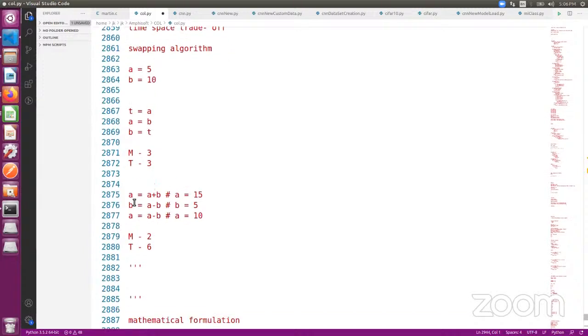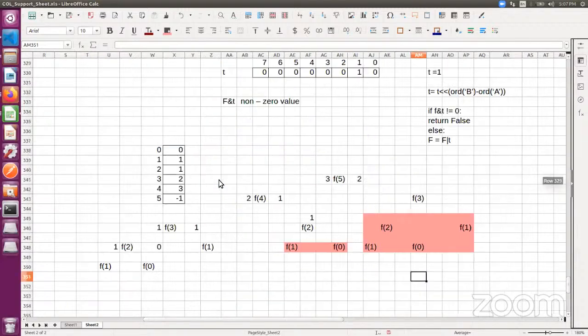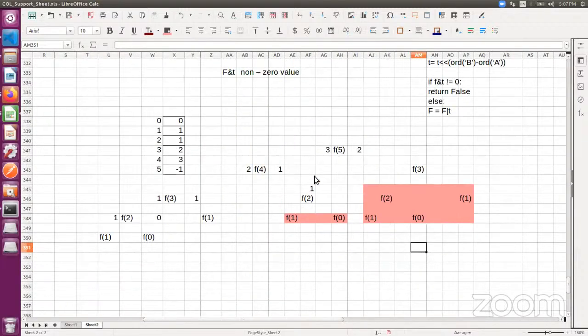And then here, swapping two variables without using a temporary variable. We saw the amount of memory and time taken in both these algorithms. This was an example of time space trade-off. We also saw the Fibonacci example, where we were able to reduce so many calculations if additional memory was utilized to store the calculated values.